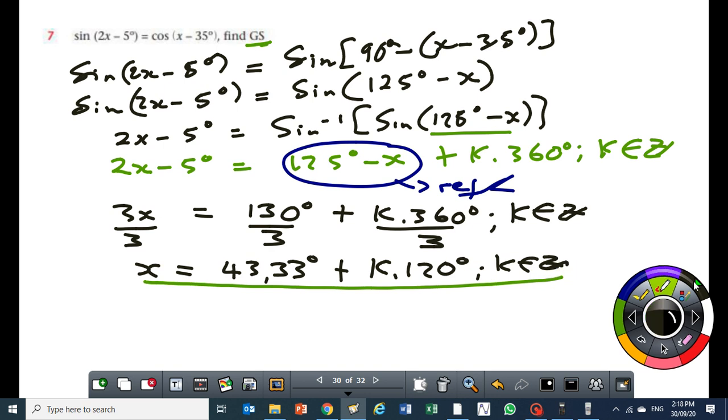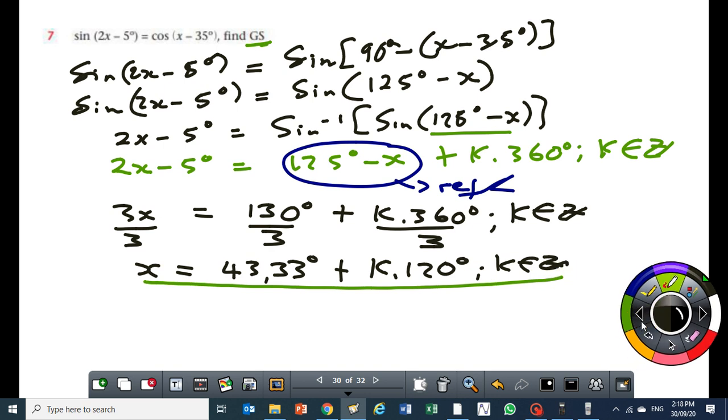The second one, we subtract the reference angle from 180. So you start from here, it will be 2x minus 5 degrees. The left hand side does not change. What changes is this angle.